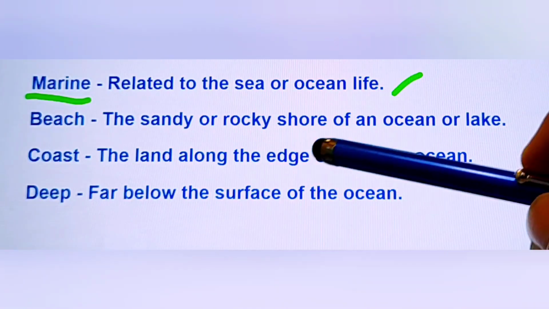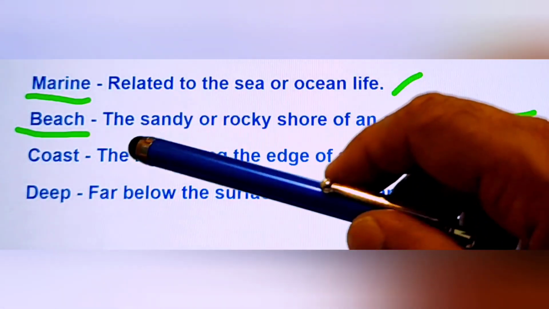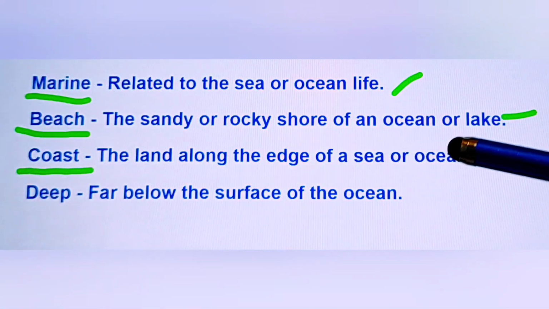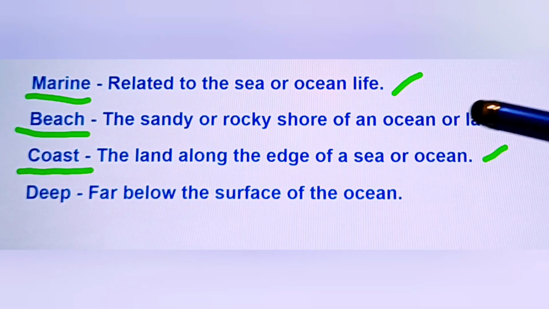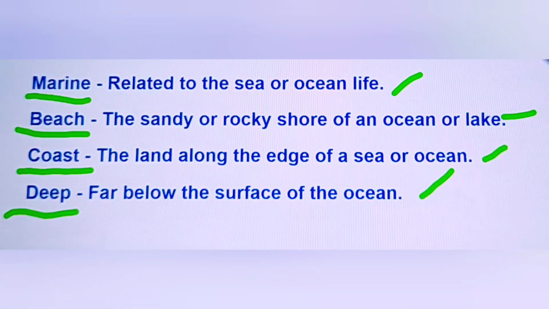Beach: the sandy or rocky shore of an ocean or lake. Coast: the land along the edge of a sea or ocean. Deep: far below the surface of the ocean. All these vocabulary words connect to the sea and ocean, so you can remember them easily.